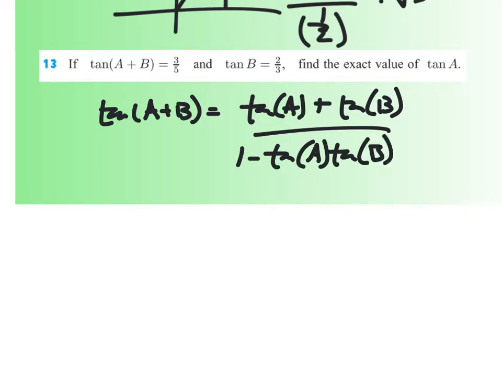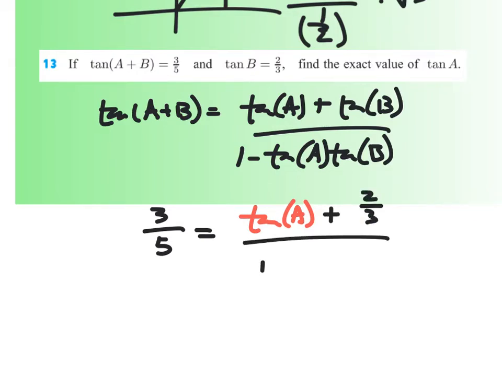We know that the tangent of A plus B equals 3/5. I know the tangent of B is 2/3, so I don't know the tangent of A, but I do know the tangent of B, 2/3. 1 minus tan A, still unknown, times 2/3.